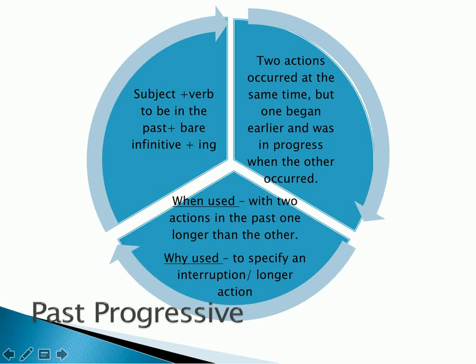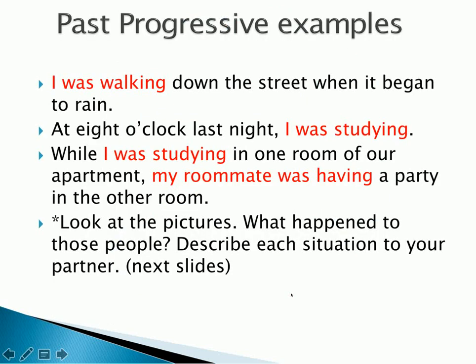So the one that was in progress is the one that uses the past progressive. It's used with two actions in the past, one longer than the other, and it's used to specify an interruption in the longer action. Let's see some examples.